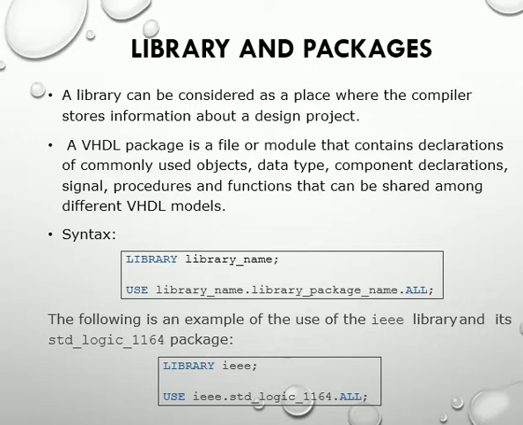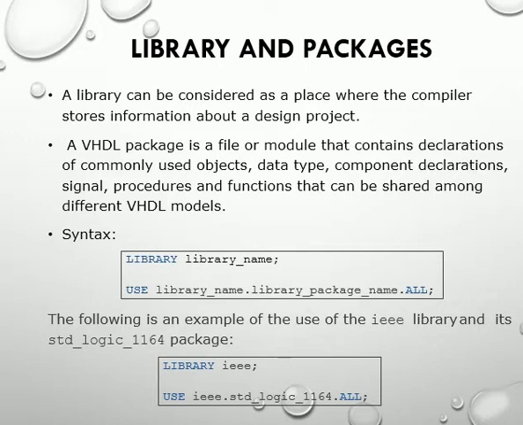A VHDL package is a file or module that contains declarations of commonly used objects: data types, component declarations, signals, that is input and output signals or the internal signals of the system, then procedures and functions. These can be shared among different VHDL models. So all these contents are present in a VHDL package.